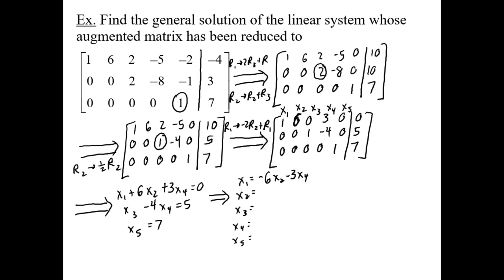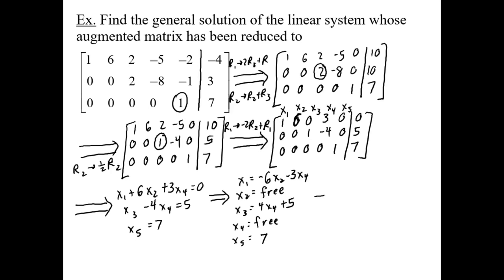The second equation tells me x3 is equal to 4x4 plus 5. And the bottom row tells me that x5 is 7. What that leaves me with is x2 can be anything, so that's my free variable. x4 can be anything, so that's also a free variable. And notice that x2 and x4 are free. All the rest of them are described in terms of those two variables.